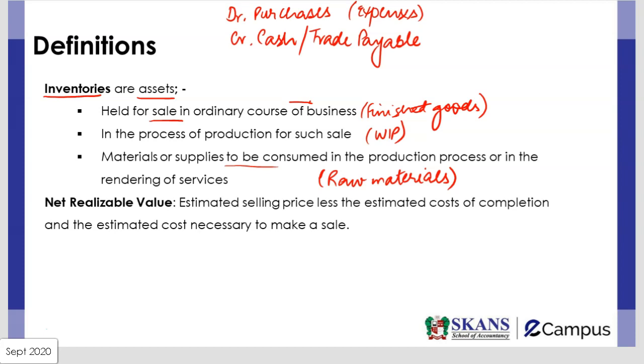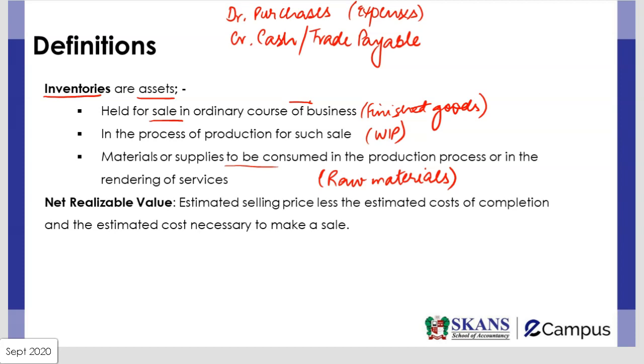At the end of the year, when we have to make our statement of financial position, we recognize the unsold purchases as our assets. Because you know, in statement of financial position, it is made as at the reporting date. So we have to show all the assets, liabilities and equity of that business on that particular date.